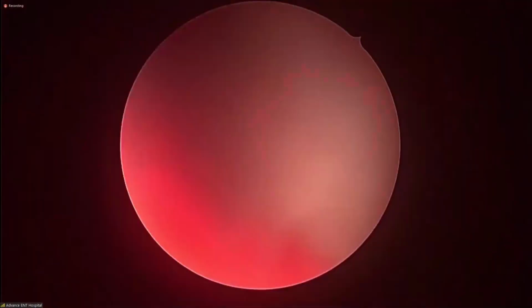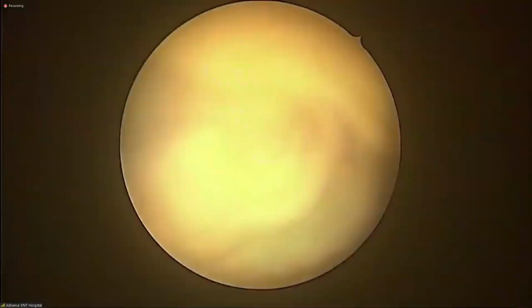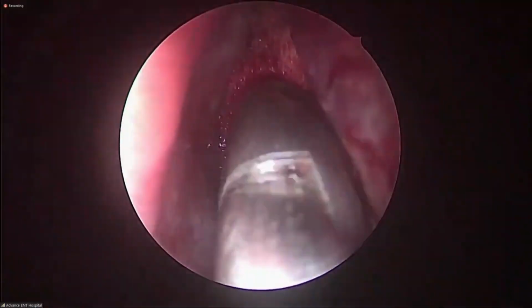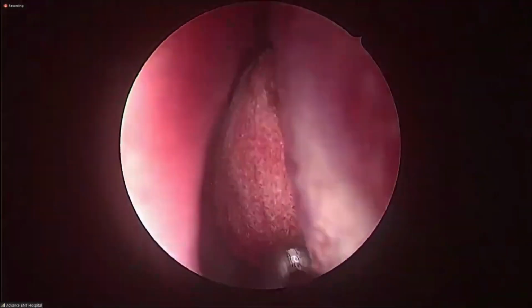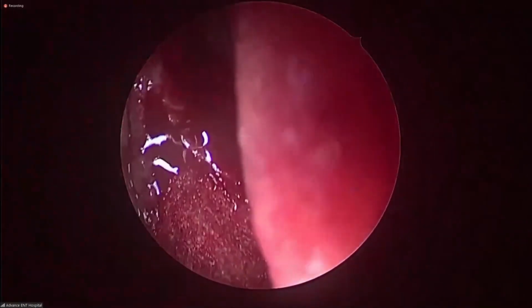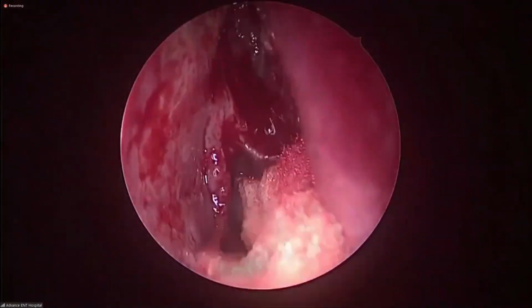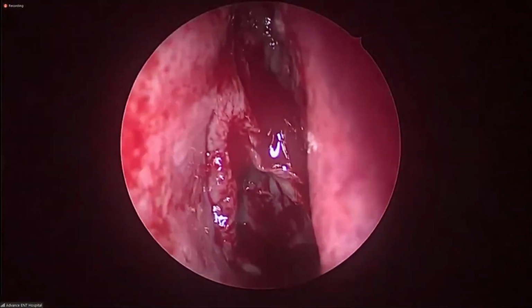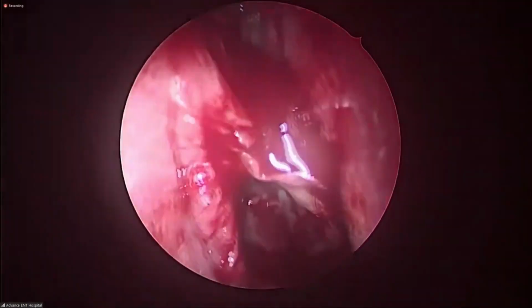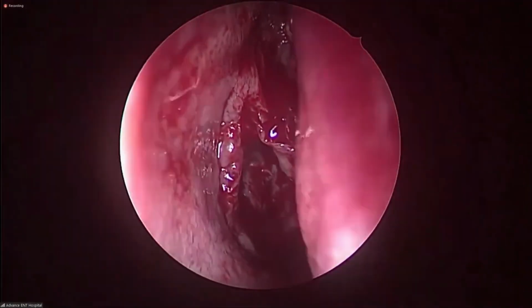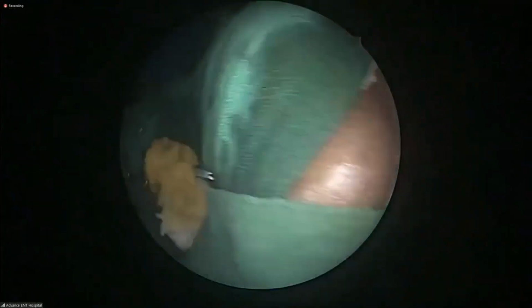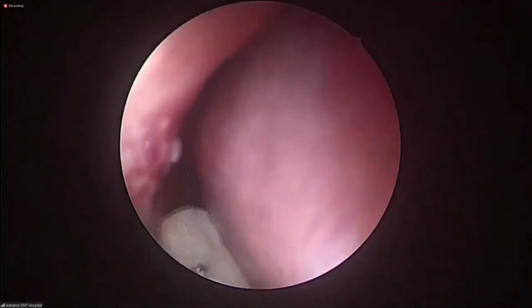And we have achieved polypectomy. We have achieved visualization of the middle turbinate and uncinate. And see this middle turbinate there medially. And there is a lot of disease above the level of the middle turbinate, warranting its partial resection. Okay. Yes.